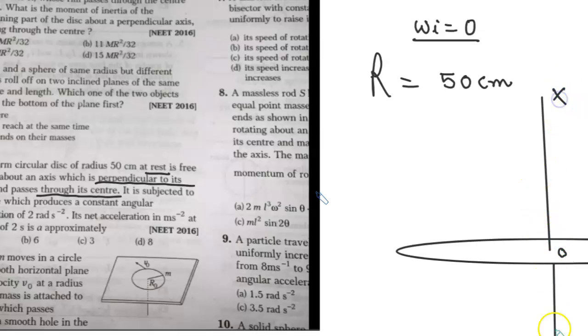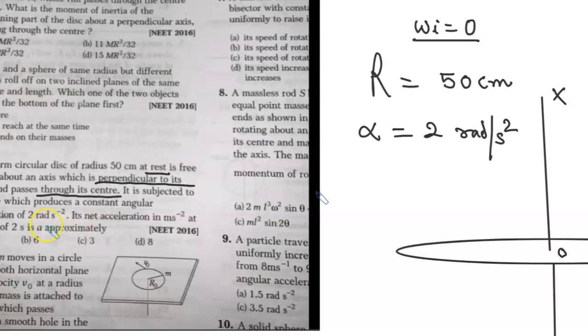Now it is subjected to a torque which produces a constant angular acceleration, alpha, which is 2 radian per second square.